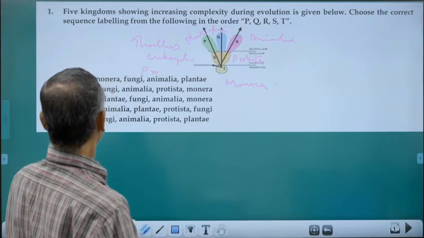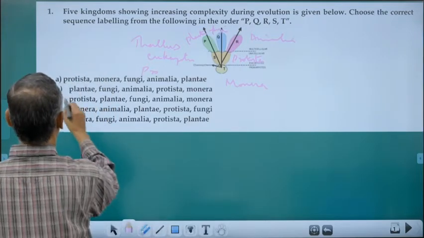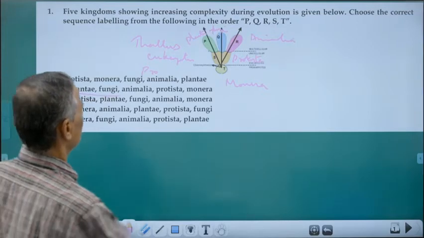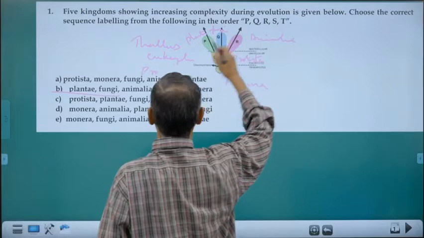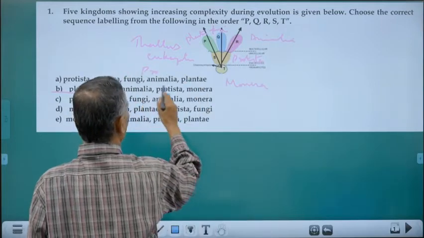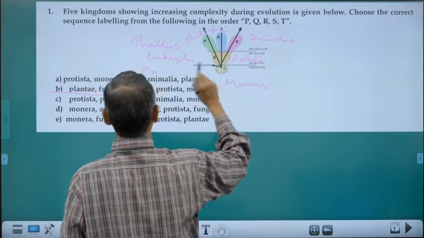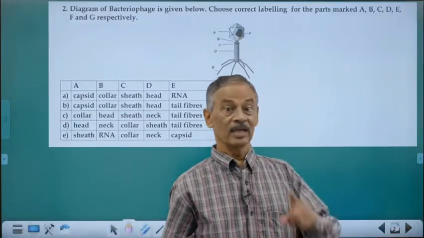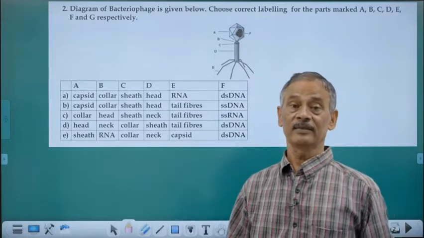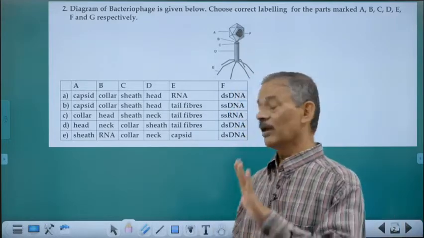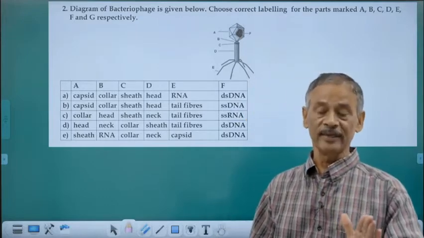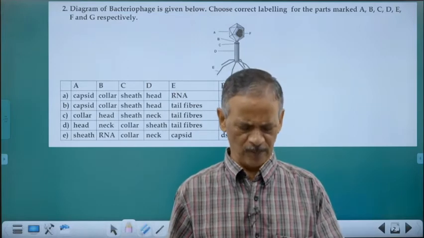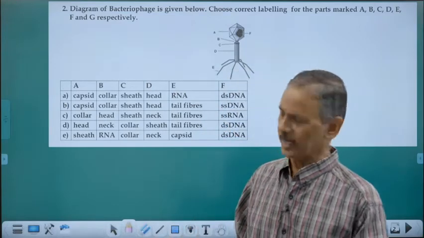So there is only one option where you are having Plantae as P, because it is asked in the order P, Q, R, S, T: Plantae, fungi, Animalia, Protista and Monera. That's the correct answer. We have studied in the previous chapter that in all modern classification, phylogenetic relationship is taken as an important criterion.